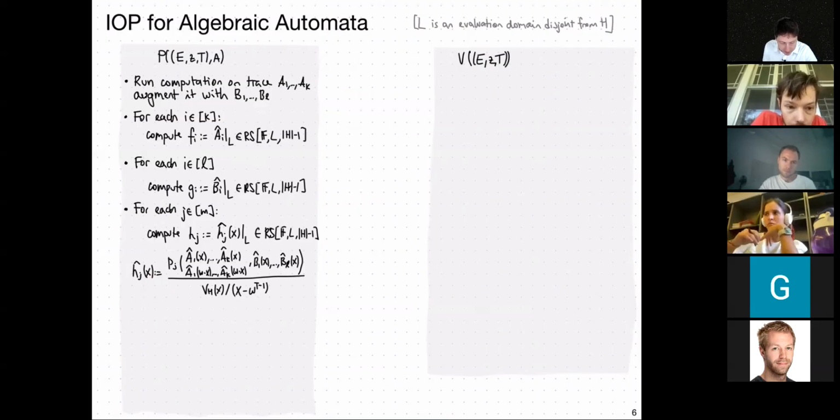Let's consider the polynomial that you obtain by plugging into the Jth equation the polynomials corresponding to the low degree extension, interpolating the K registers and the L auxiliary registers, and also the next step of the K registers. How do I express the next step? I put an omega in front, to go to the next field element.